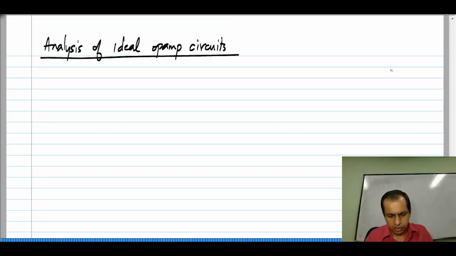Now, as far as analysis of ideal op amp circuits is concerned, now we cannot use the previous approach, because for an ideal op amp the gain A naught is infinite. Okay. If we have a multiplying factor which is infinite, we can't write legitimate equations. Okay. So, what we do then is the following.